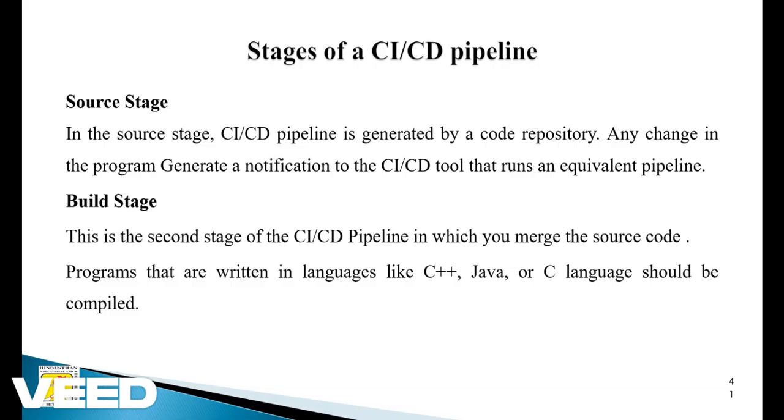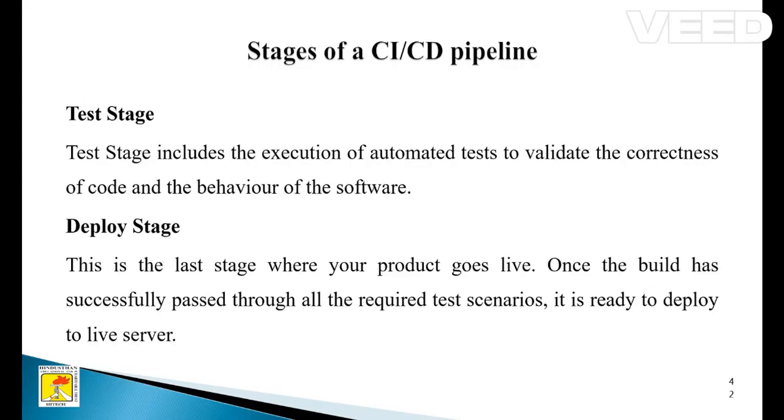Next is build stage. In this build stage, this is the second process. It also merges the source code, where the programs that are written in languages like C++, Java, or C should be compiled safely. Next is test stage.